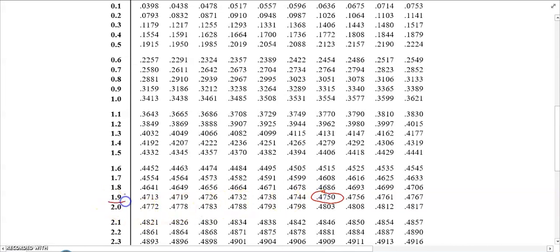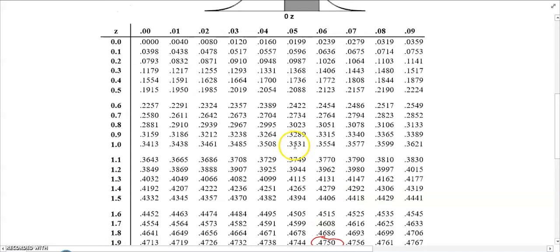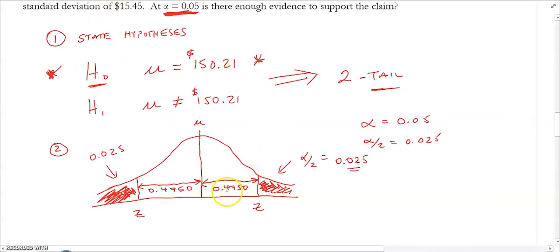It's 1.96. So our critical value this time is 1.96. That means Z is going to equal 1.96 on this side, and on this side here, since it's below the mean, it's negative 1.96.